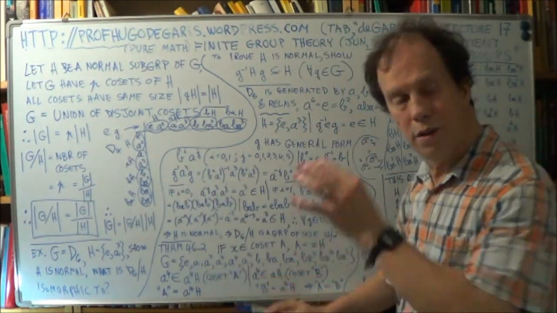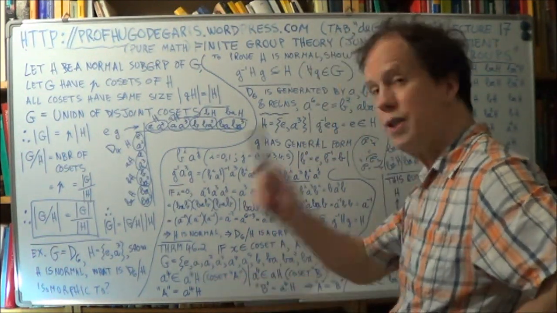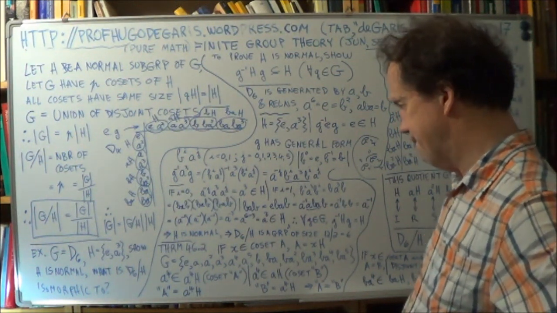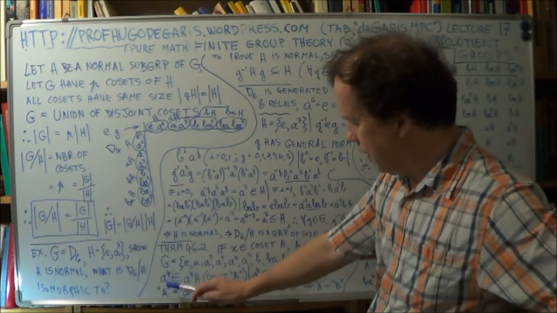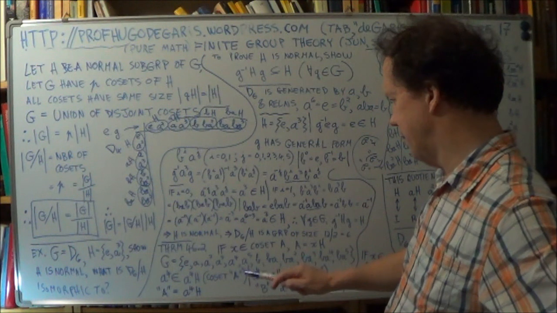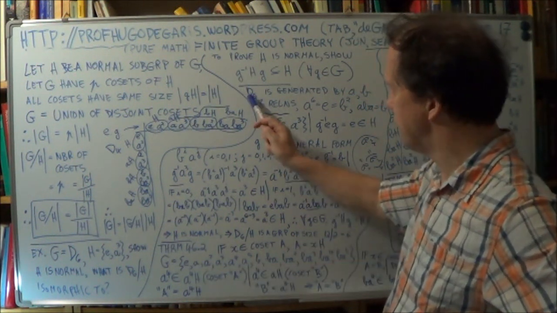So here's a bit of theory that you'll find very useful. Okay, here's the reasoning. Have a look at this. Now a to the fourth, that's one of your members of G, one of the members of D6.